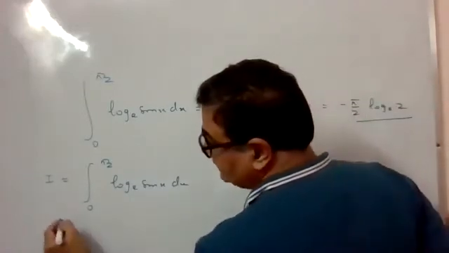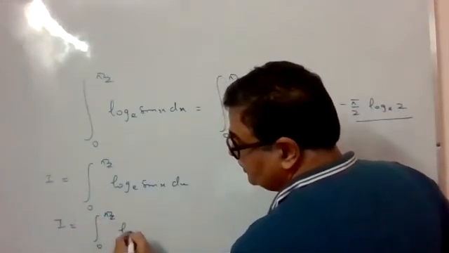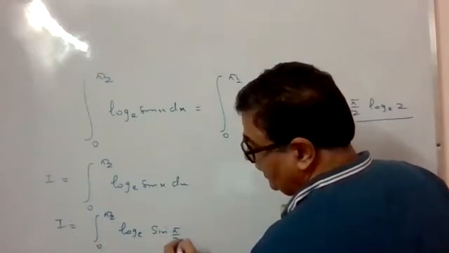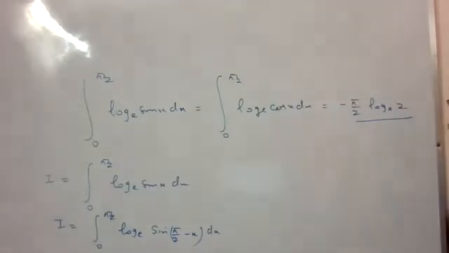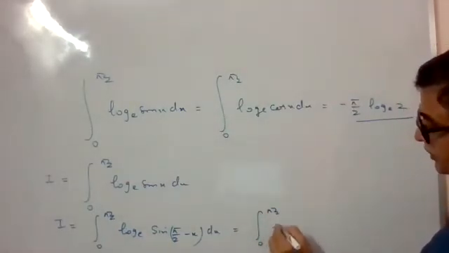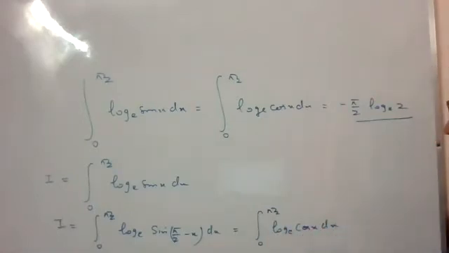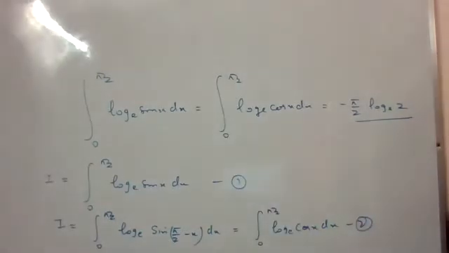So I is equal to the integral 0 to pi by 2 of log of sin(pi by 2 minus x) dx, or I should say it will be the integral 0 to pi by 2 of log cos x dx. This is equation 1, this is equation 2. With this you have proved that they are the same results, so there is no problem here.